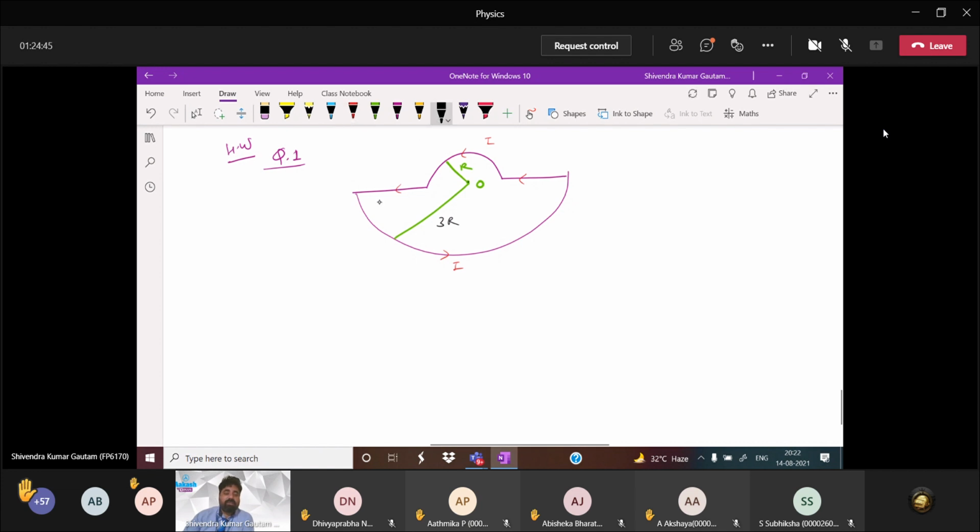This is center. This is radius r. This is one question for you. Second question, you take this 4R, okay? Then calculation will be easy. 4R you take.